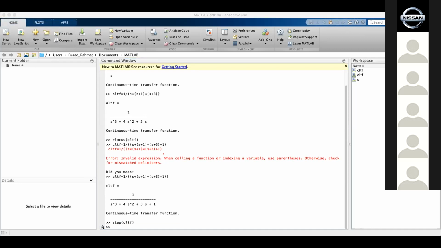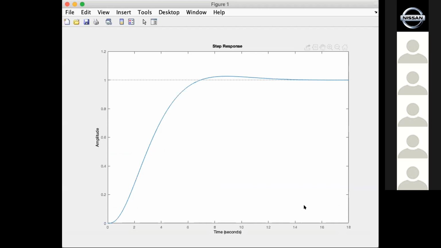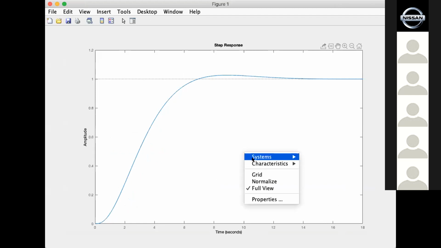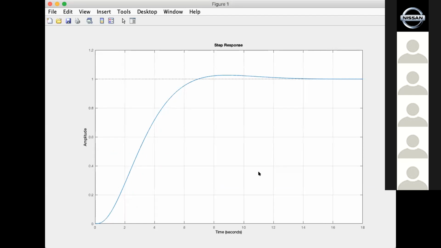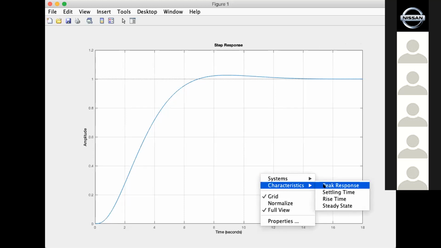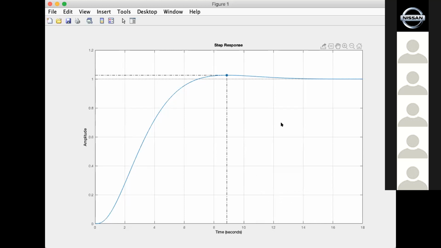All right. So I share with you this one. Can you see, guys? Right. So see the peak time first. Peak response over there.